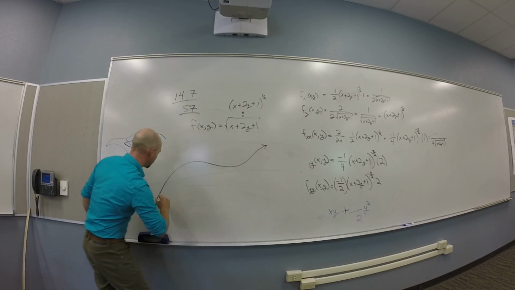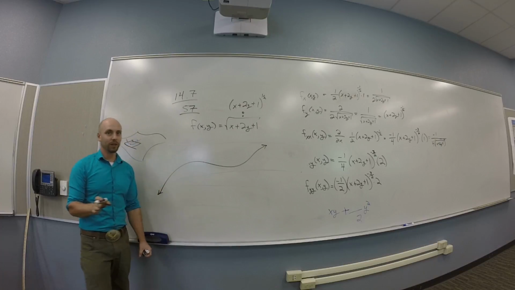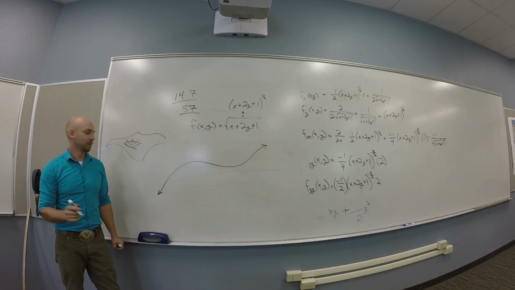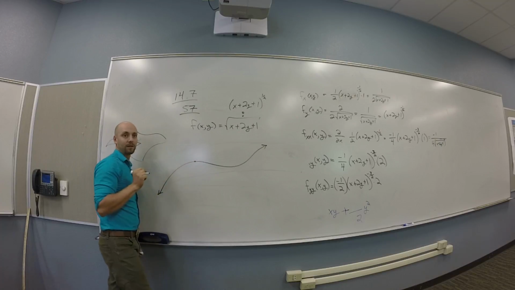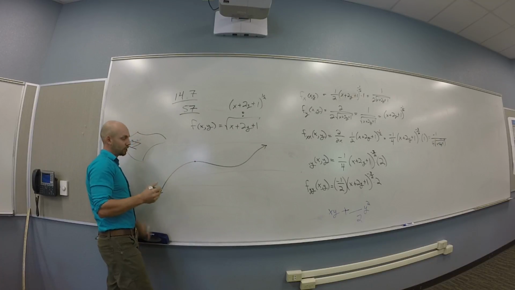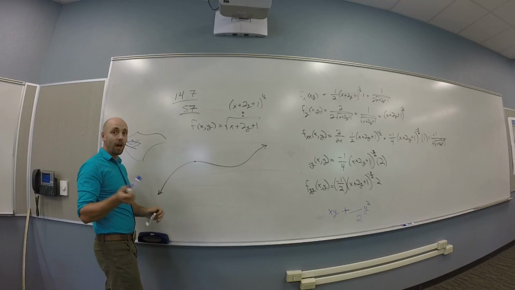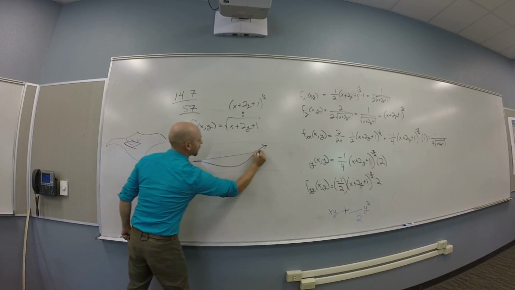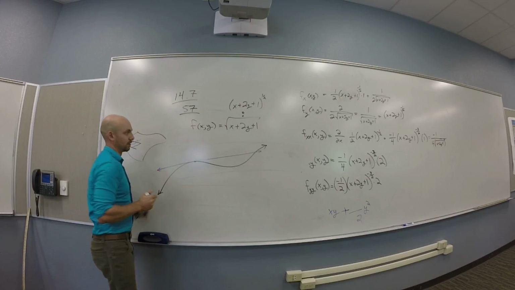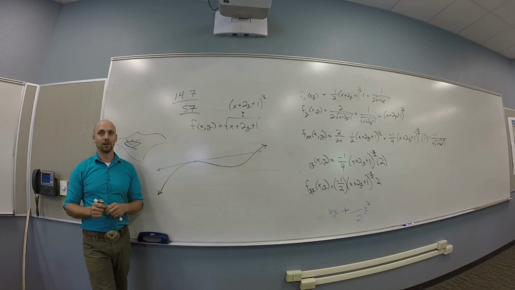Okay, so here's some generic function, right? I'm doing the Calc 1 version of this. Say that I'm talking about right here. If I draw a tangent plane to this, or a tangent line, the one-dimensional analogy, my tangent line is going to look like this. You guys see that?